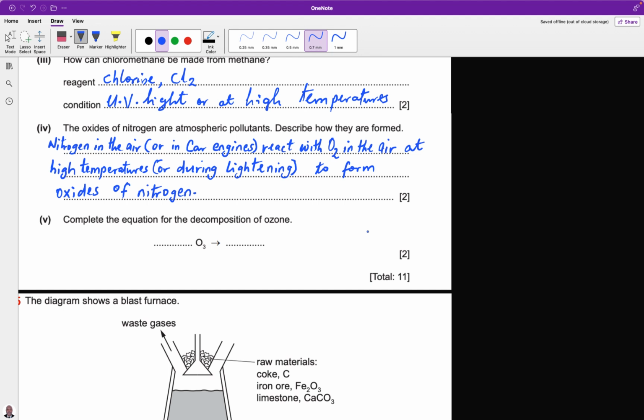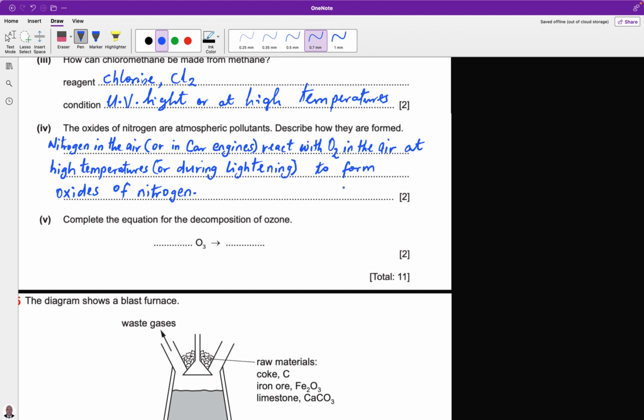From what we were doing when we treated greenhouse gases, how oxides of nitrogen are formed, I told you that nitrogen in the air or nitrogen from car engines will react with oxygen in the air at a high temperature or during lightning to form oxides of nitrogen.